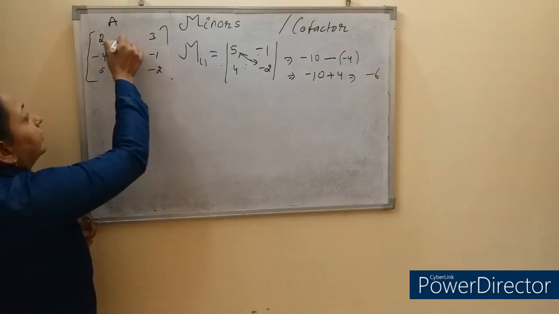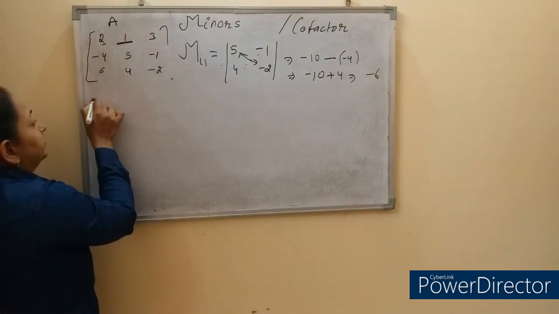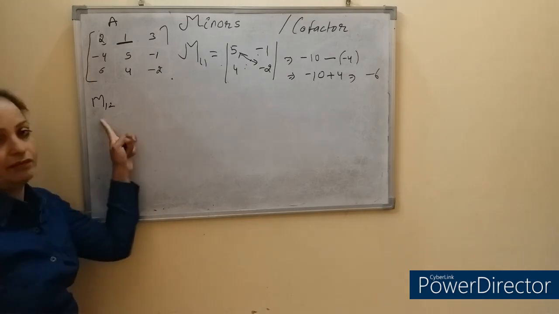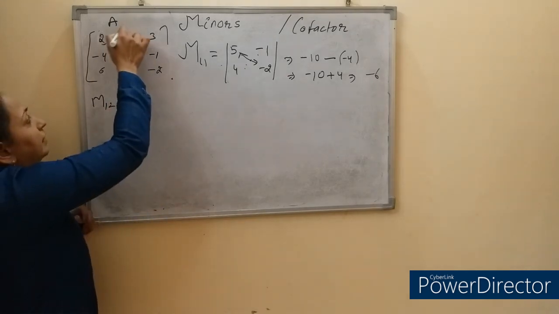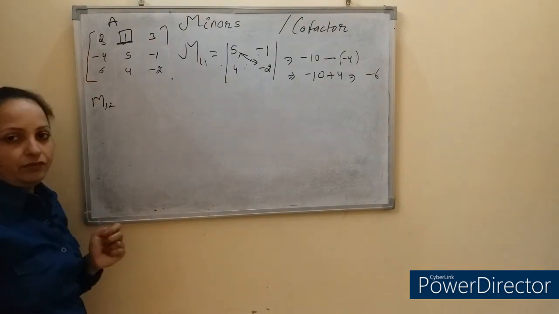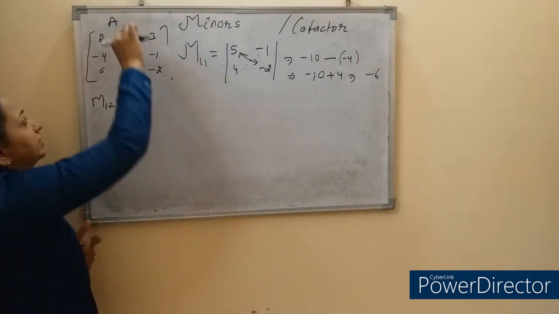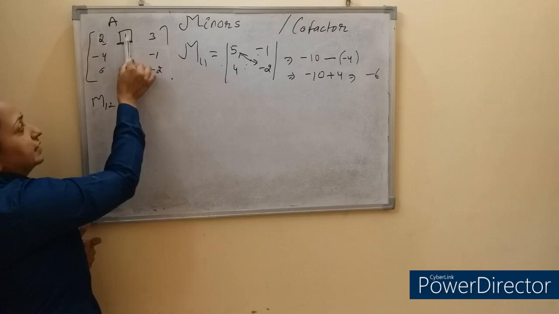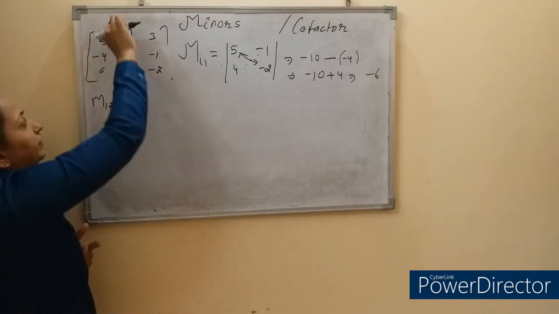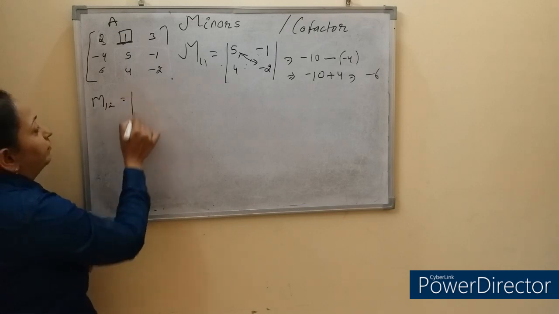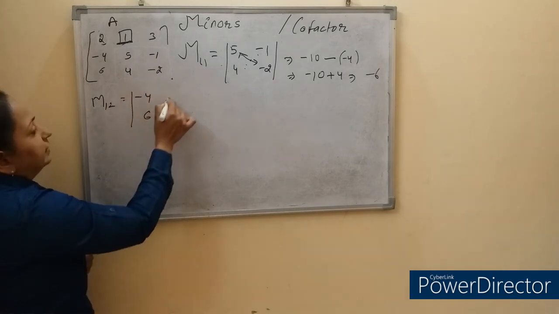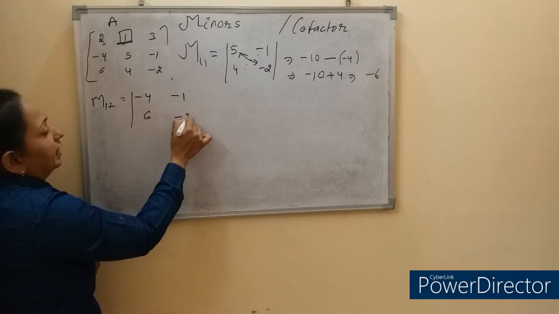Now I am going to find the minor of this element, M12, first row, second column. I will eliminate this row and this column. If I do so, what will I get? I will get -4, 6, -1 and -2.